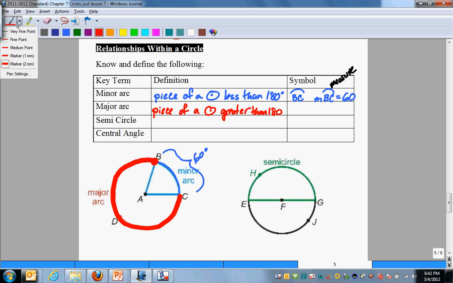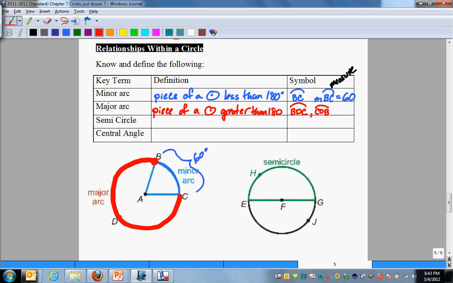And we designate major arcs using 3 letters. So we would call that BDC. Notice there's 3 letters there. We could go the other way as well, CDB. That would be a major arc.